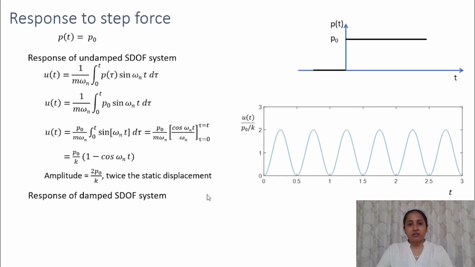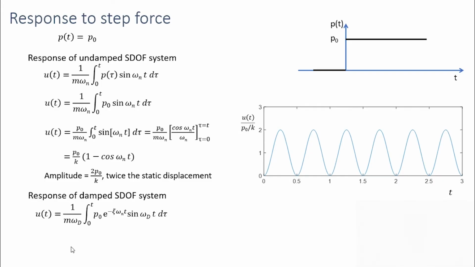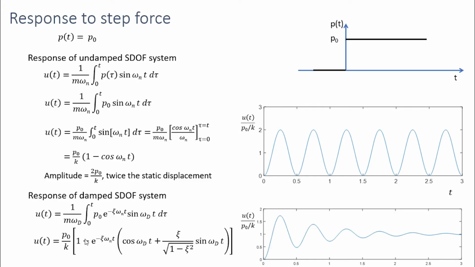Now let's see the response for a damped single degree of freedom system. We have this damping term in the Duhamel integral. If you carry out this integral, we would get this expression. We are not going through the derivation of this. You can do it by yourself. If you plot this, we would get a decaying response. This is because of the effect of damping.